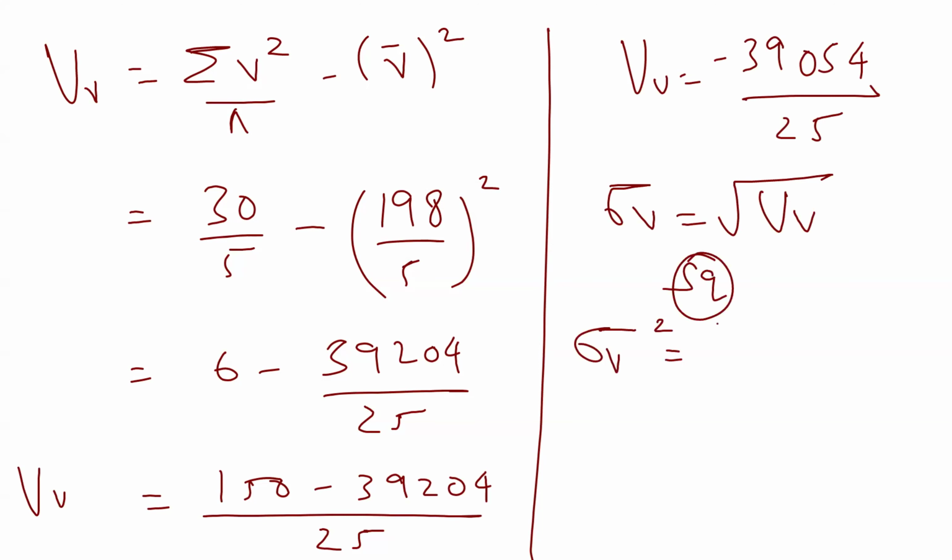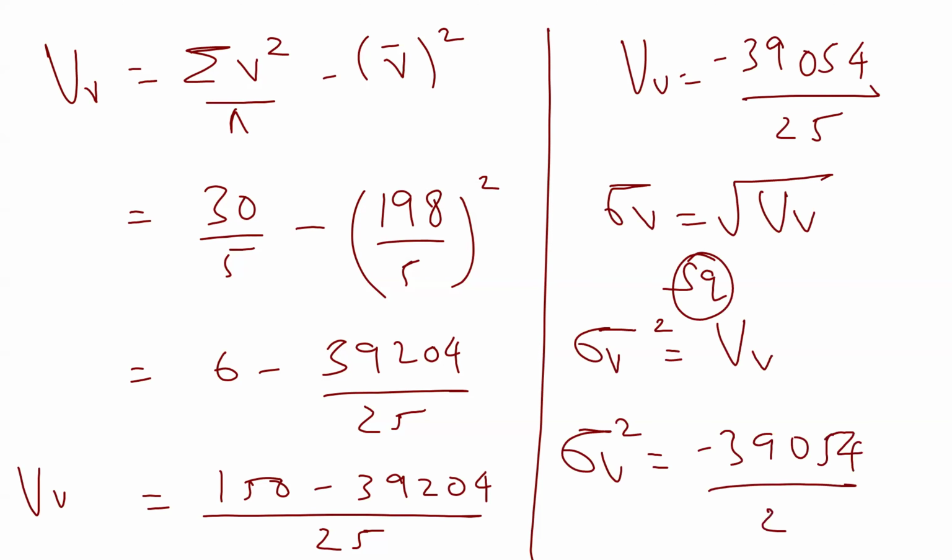Standard deviation of v square is equal to variance of v. The variance of v is, sorry, 39054 upon 25. So what we can do now is we'll just go back to bxy.